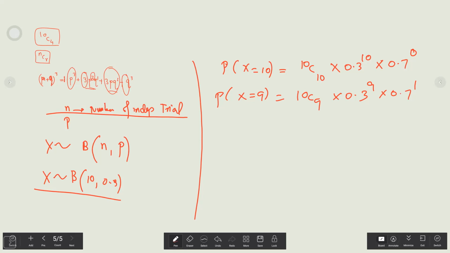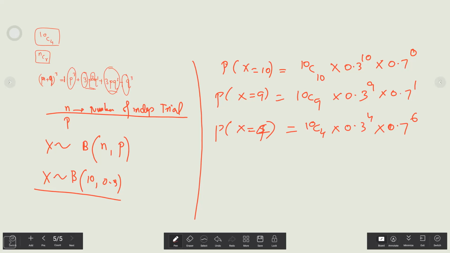Similarly, if I wanted to be successful on exactly 4 trials, this is going to be 10 choose 4 into 0.3 to the power 4 into 0.7 to the power 6. So this is the general outcome of that particular formula.